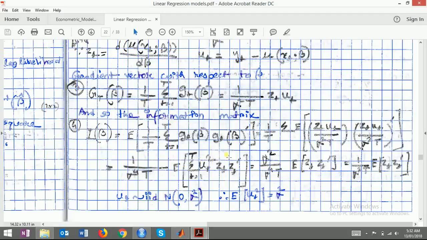Or this can be represented with 1 by sigma square t. What do we have here?